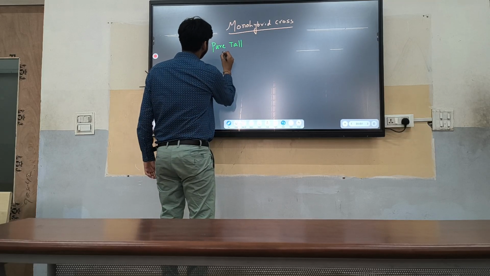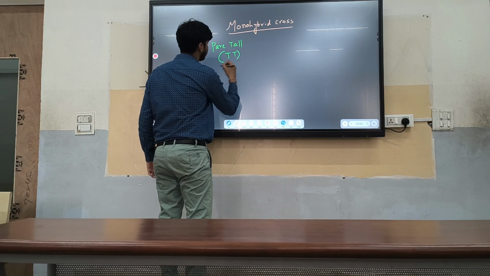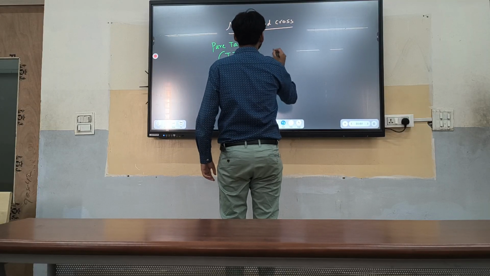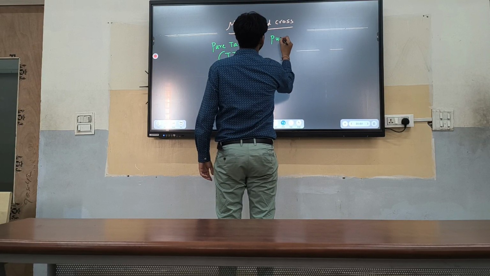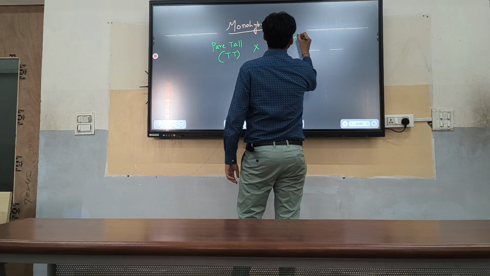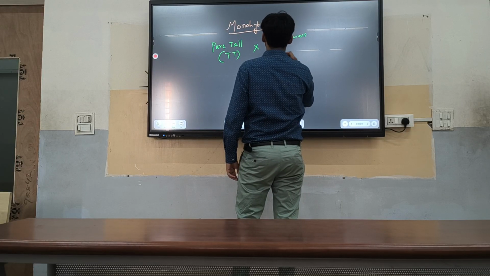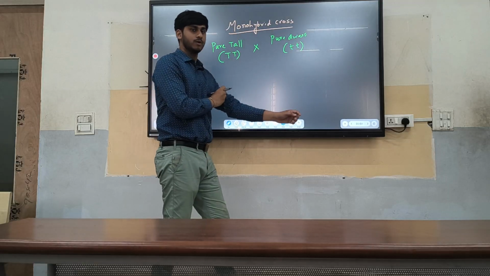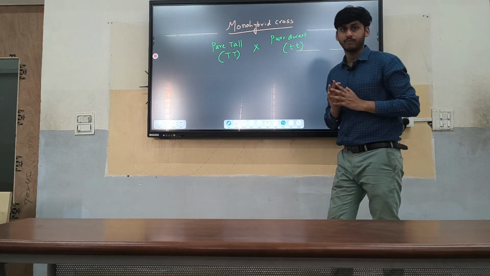Okay, that is denoted by capital T genotype, and another one was pure dwarf, which is denoted by small t. Okay, that is pure dwarf.